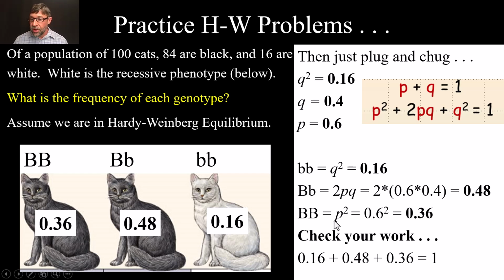When we multiply those 3 values, we get 0.48. So 48% of these cats are heterozygous.